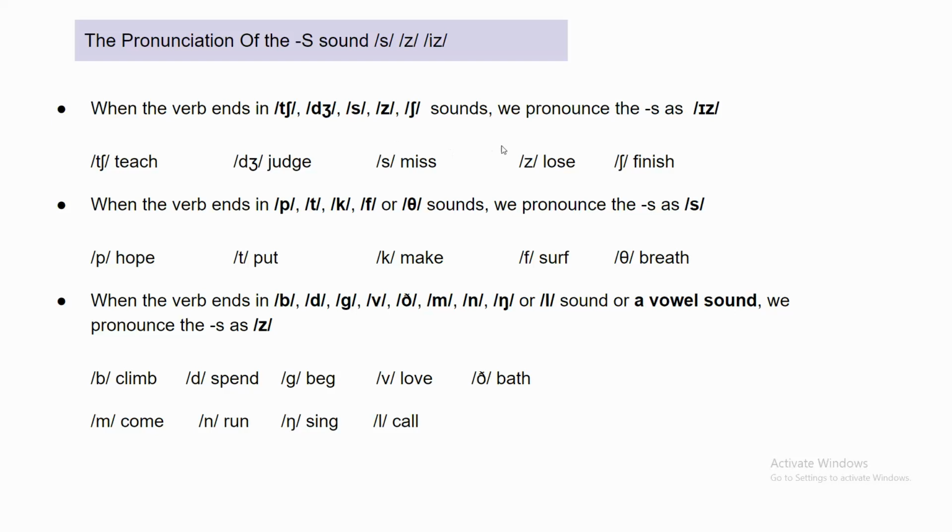When we use he, she, it, we normally add s, and this s we pronounce iz. Misses. And for the sound that ends with z, like lose, when we use he, she, it, we add s, so we pronounce loses.